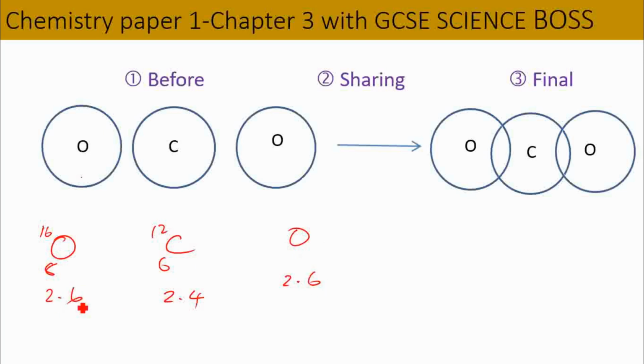So this oxygen, let's put that in. 6 on the outer shell, so that oxygen requires 2. Okay, there are my 4 electrons there. That means that that requires 4. So let's look at what happened. For oxygen to be stable, it needs to share 2 electrons with carbon. Okay, so carbon puts 2 in, oxygen puts 2 in, therefore oxygen is going to have 4 left back.